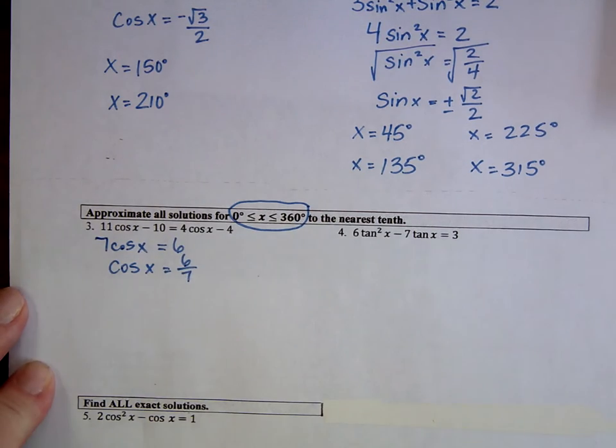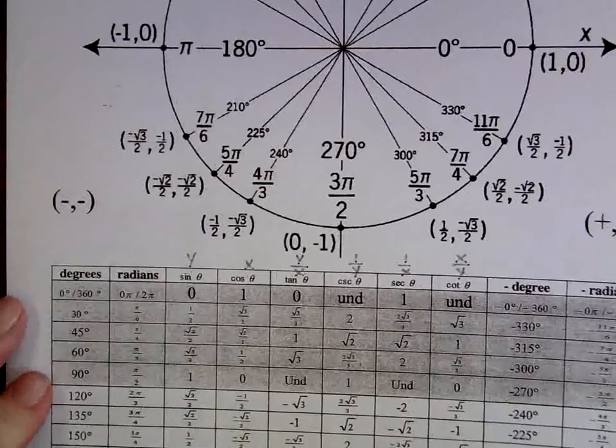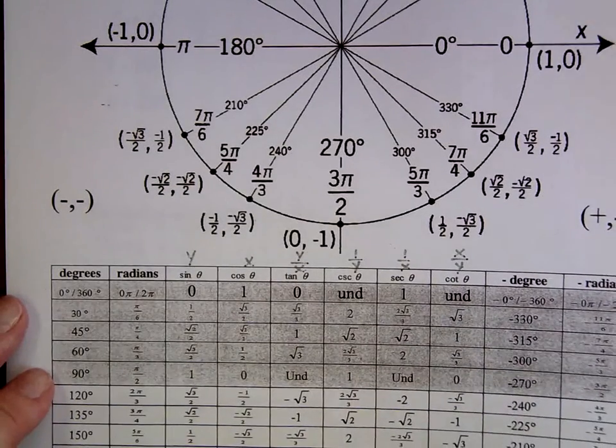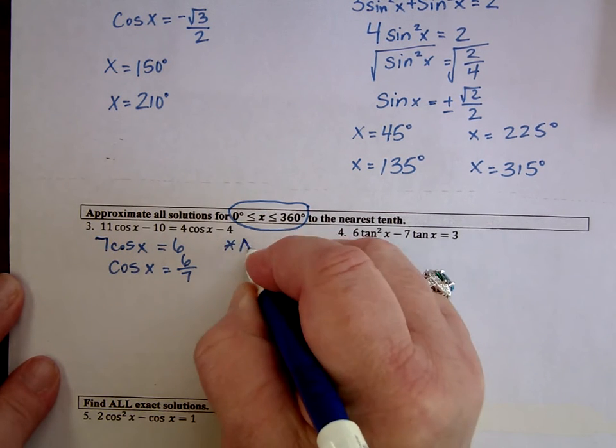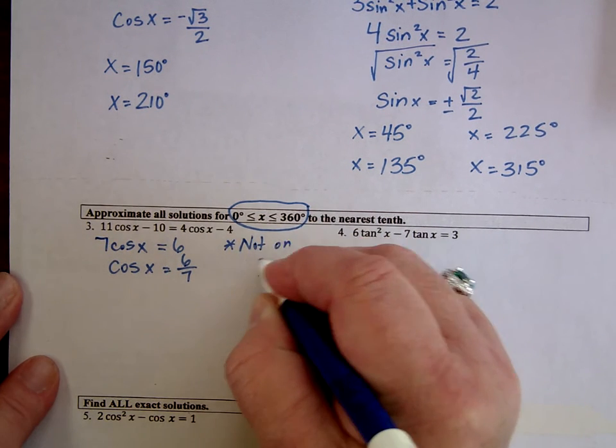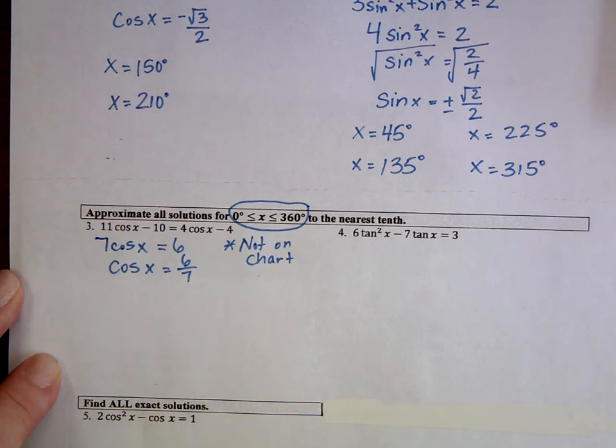And I go to my handy dandy chart and I say, whoa, I have nothing there that is a 6 over 7. So this is not on your chart, and there's got to be a different way that I can solve it. And it actually is something that we learned back in one of the other sections, I think it might have been in the last unit.